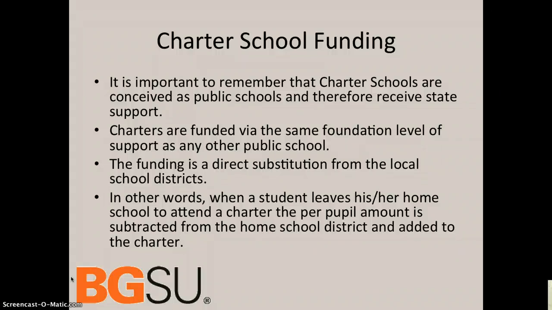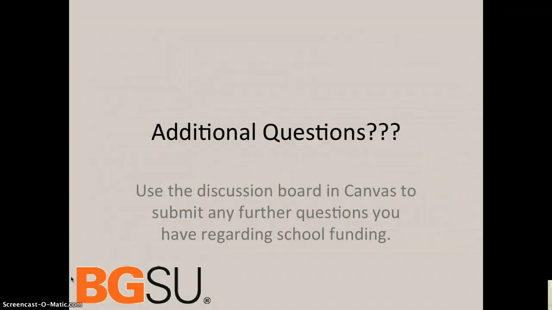So even though one student leaving doesn't reduce Bowling Green's overhead, facility costs, principal costs, one student isn't going to reduce a teacher cost, or any of those types of things, that one student's dollars fully leave the district.